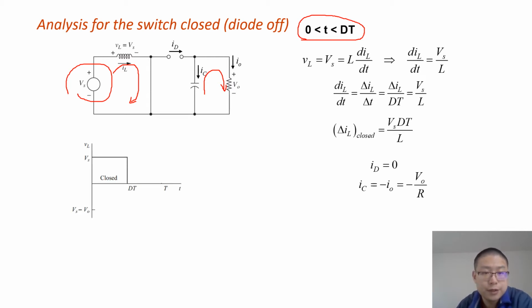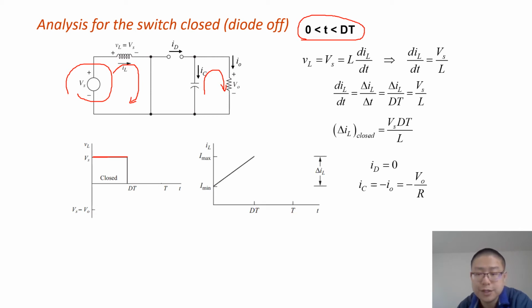For the inductor voltage, we know that between 0 to dt the switch is closed and the inductor voltage VL equals Vs. So we can plot here. And also a positive voltage is applied on the inductor. So the inductor current should increase.